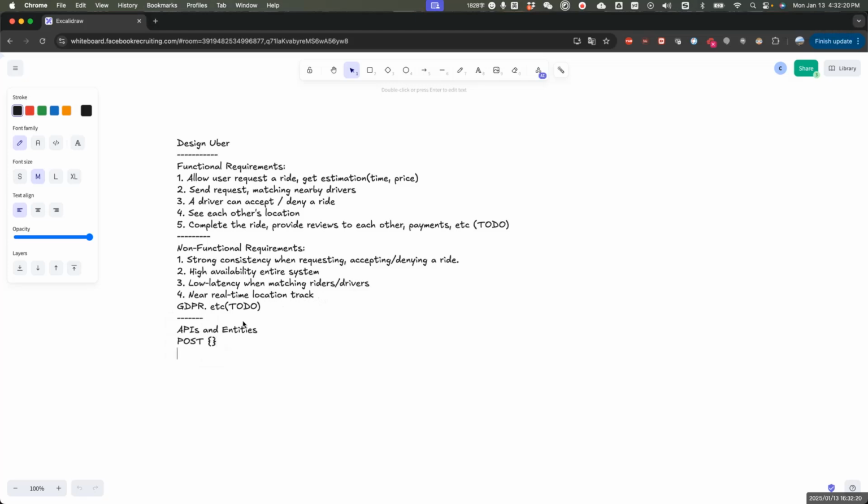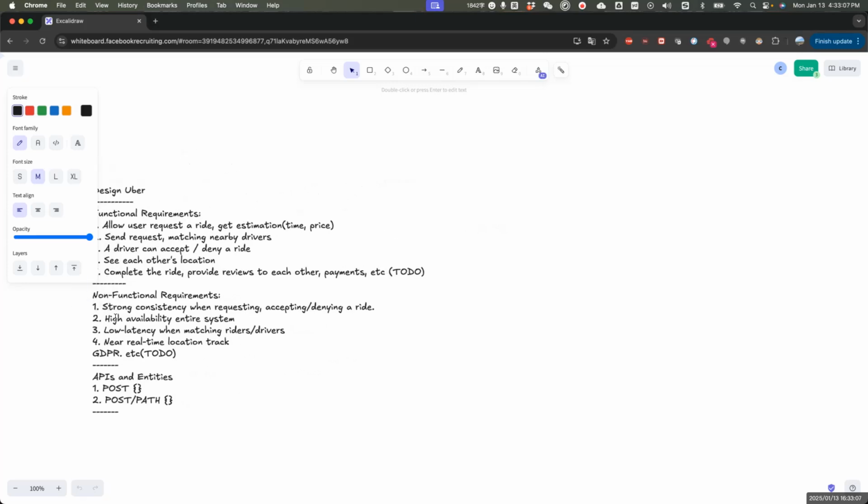And when a driver is accepting or denying a ride, we're going to send another POST. Actually, it could be either a POST or a PATCH, depending on how we're designing it. So let's go over to the diagram and the workflow, and then we can talk about APIs and data accordingly.